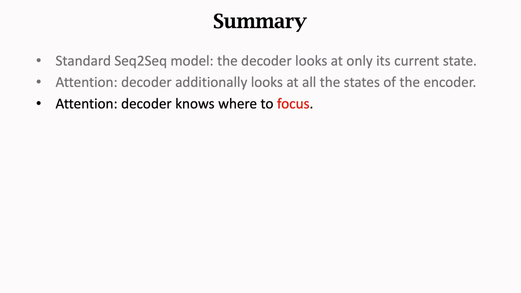Furthermore, the weights computed by attention allow the decoder to focus on a certain context. This is the reason why the model is called attention. The decoder not only knows everything about the input sequence, but also knows what is the most relevant and where to focus on.